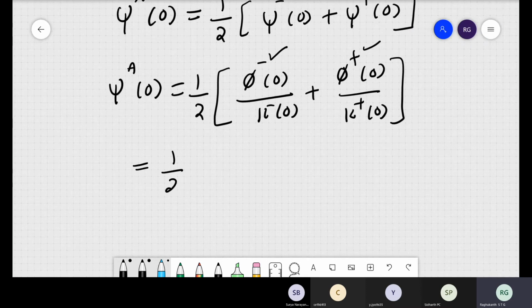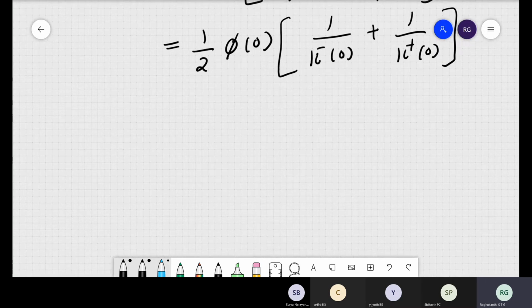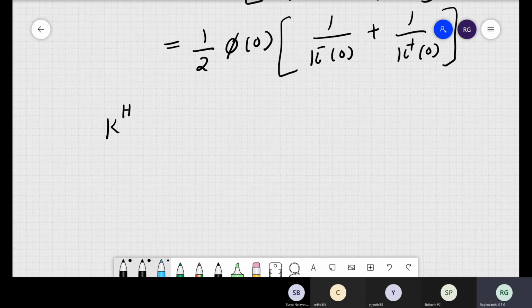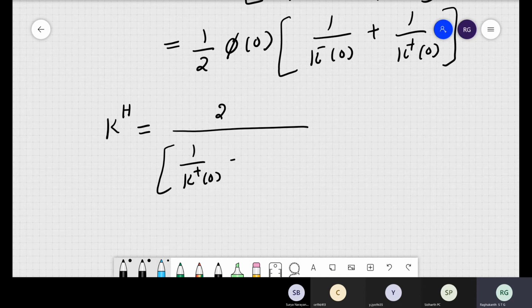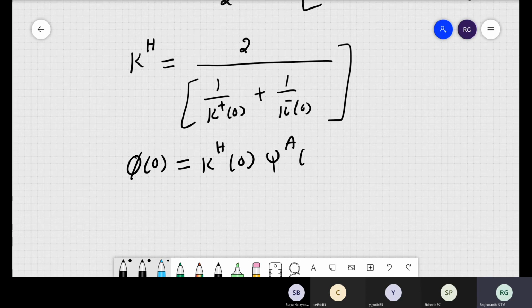So this can be written as phi of 0 times 1 by k minus of 0 plus 1 by k plus of 0. If I define this entire quantity as some average, the harmonic average, so 2 divided by this quantity, k plus and k minus. If I define this as kh, I can write phi of 0 as kh of 0 times psi a of 0.